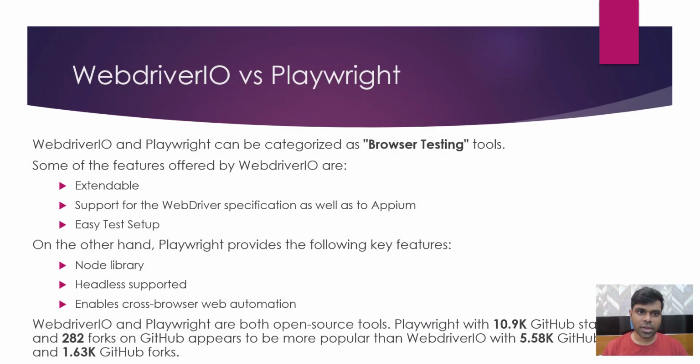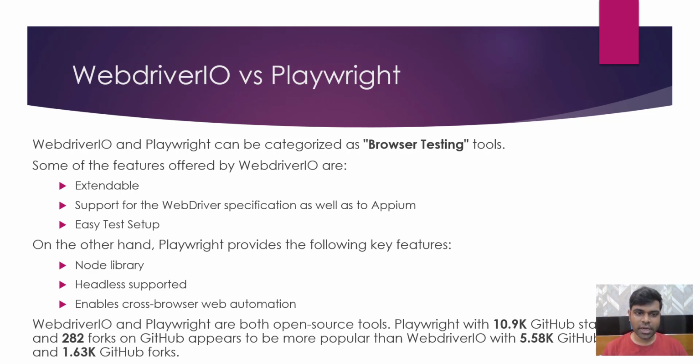So coming back to WebDriver IO versus Playwright, WebDriver IO and Playwright can be categorized as browser testing tools. Some of the features offered by WebDriver IO are extendable support for the WebDriver specification as well as Appium, that is for mobile devices testing, and easy test setup.